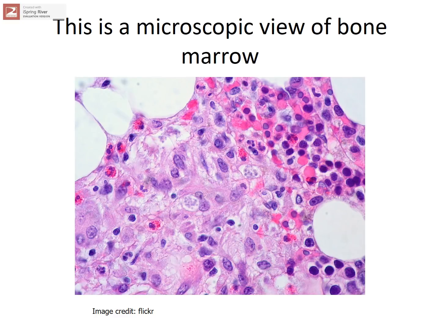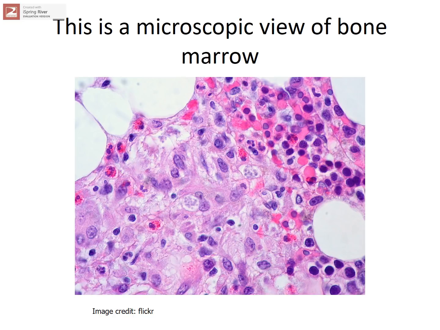This is an example of a microscopic view of a bone marrow. If marrow were removed from the interior of the bone with a special kind of needle, processed in the laboratory and stained, and viewed microscopically, it would look like this. You see a general distribution of different kinds of cells. You see some clear areas that represent fat.